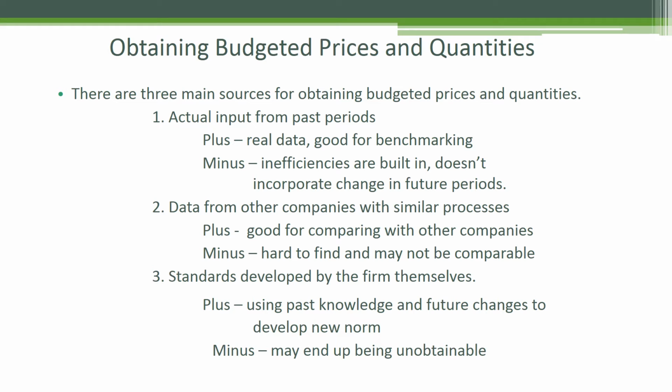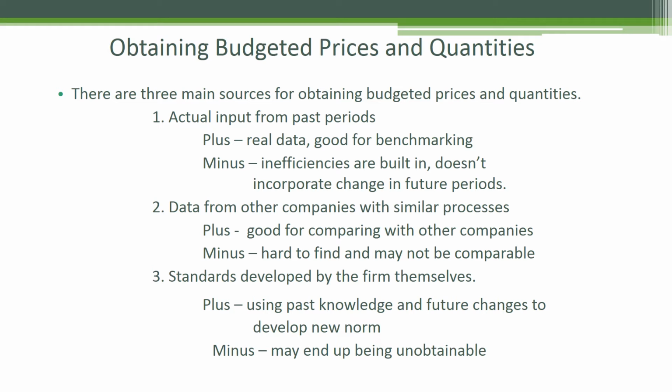The third is to use standards that are developed by the firm themselves. The advantage to this is that we're using our past knowledge to help us build what we think should be happening, and we're also taking into account any future changes to develop a new norm, such as do we know if there's other equipment coming in, or are we getting ready to hire on new staff, which would help us to establish these new norms.